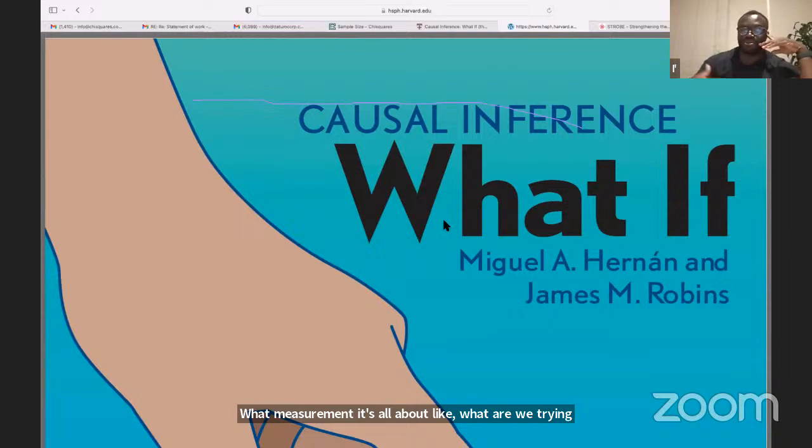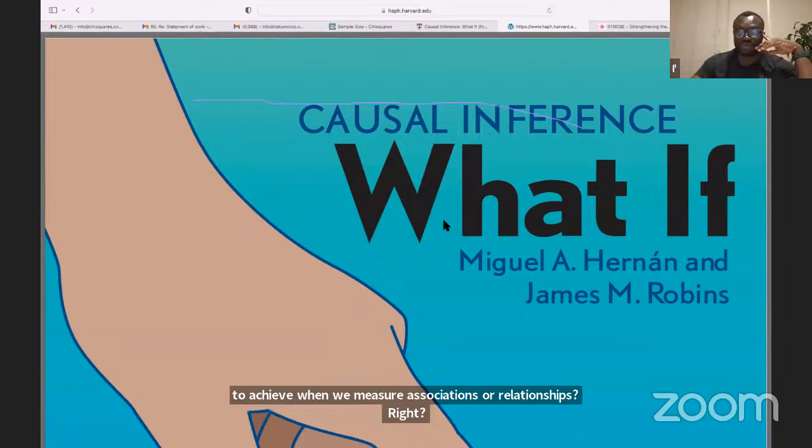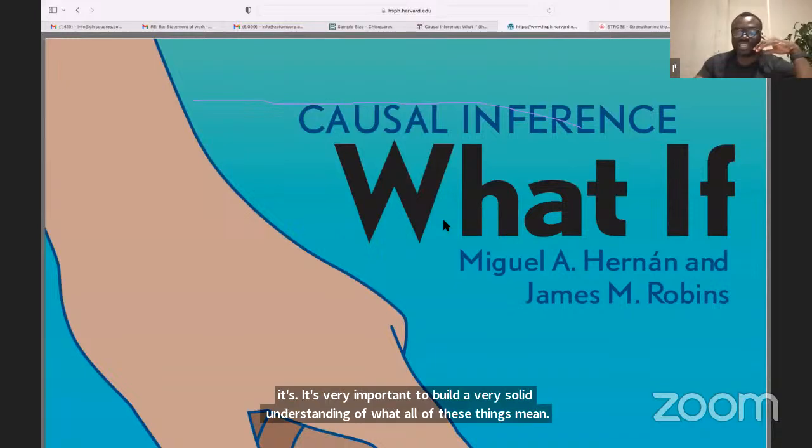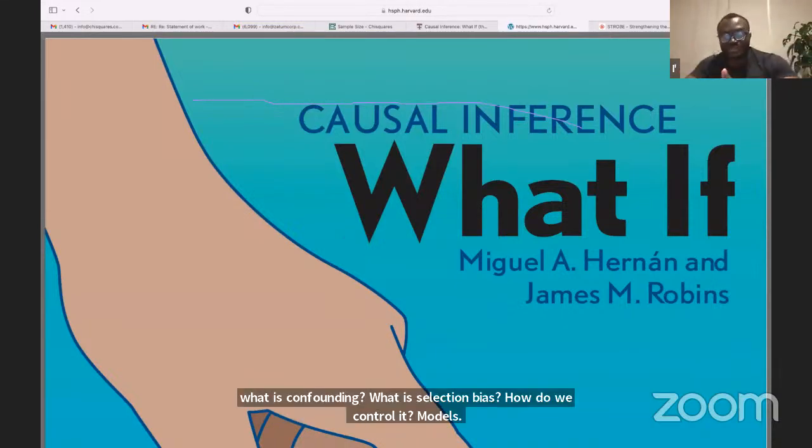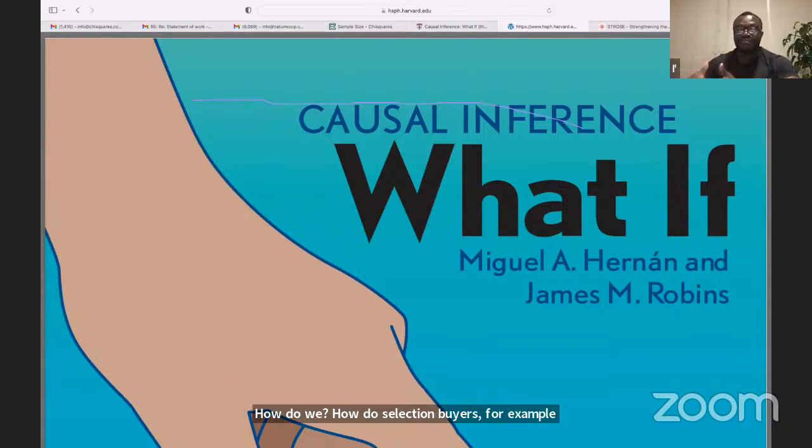It's very important to build a very solid understanding of what all of these things mean. What is confounding? What is selection bias? How do we control it in models? How do we control for selection bias, for example, in terms of missing values? What are inverse proportionality weights and what do they control and all of this good stuff, right?